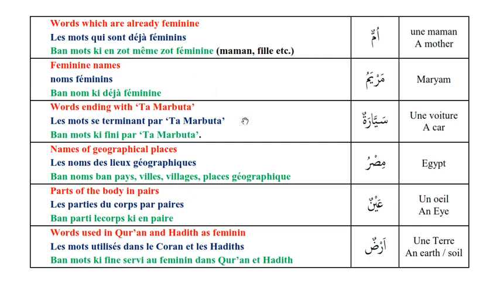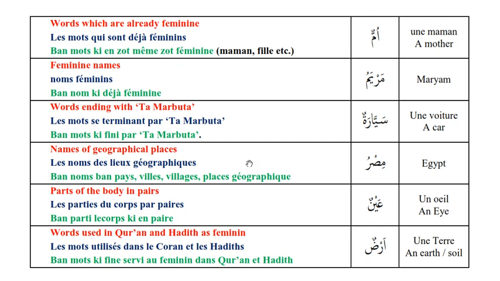We have words ending with ta marbuta. We have exceptions. We are going to study all these later on. But words ending with ta marbuta. We have names of geographical places, countries, islands, villages, or towns, cities, okay, places.